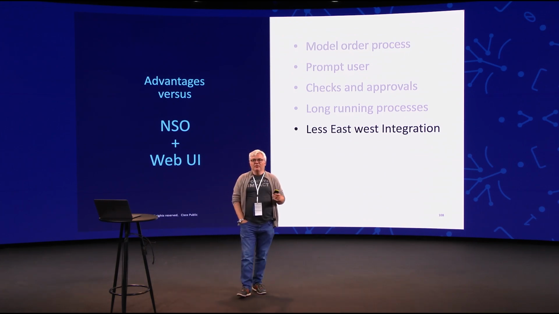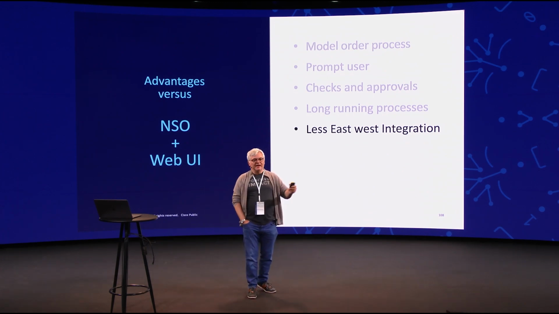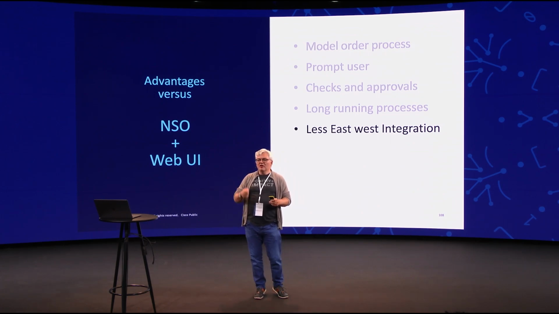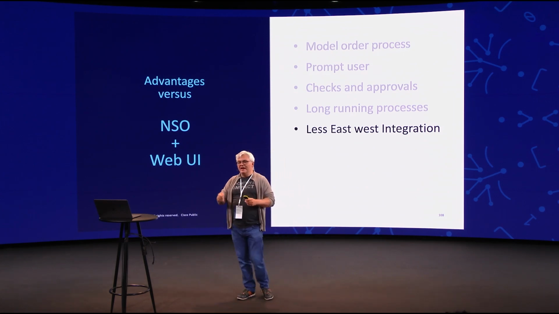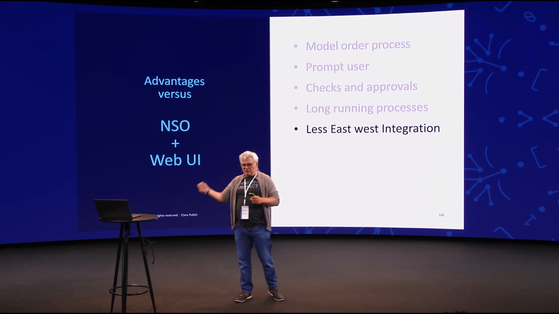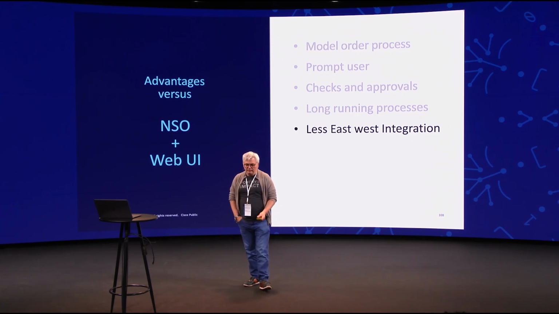It might make sense for them to allocate an IP address in ServiceNow, talk to an IPAM system, and then tell NSO, because they've already integrated ServiceNow with that IPAM system for other projects, and they reuse that integration when they talk to NSO.